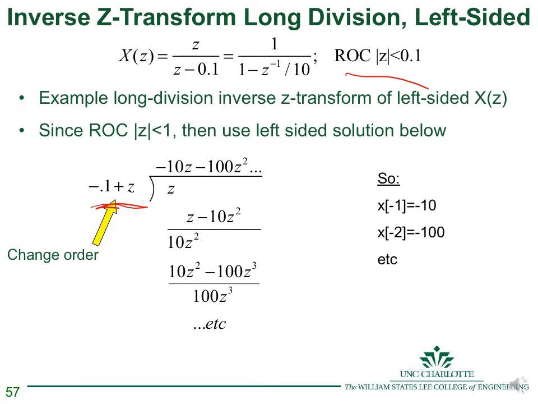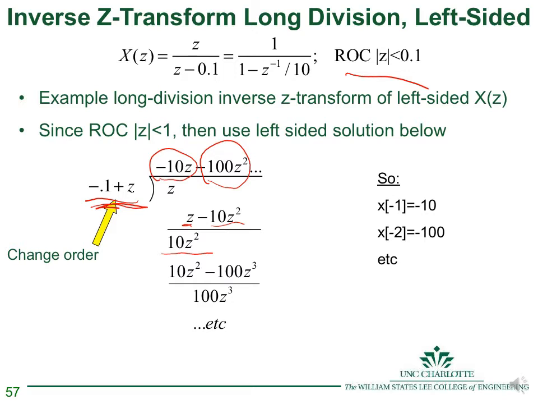And so minus 10z gives me z minus 10z squared when I multiply that times the minus 0.1 plus z. When I subtract that from z, I have a remainder of 10z squared. And of course, I now have to multiply by minus 100z squared. When I multiply by minus 100z squared, I get 10z squared minus 100z cubed. I subtract that off, I get a remainder, and so forth.